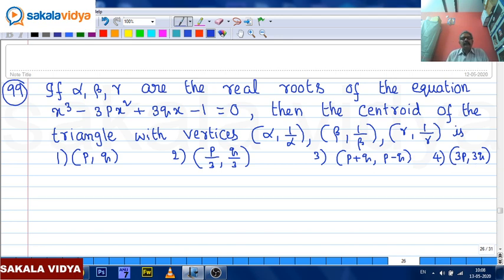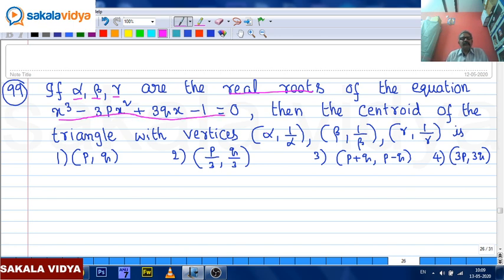Actually, this is a connection problem between theory of equations and coordinate geometry. Alpha, beta, gamma are the real roots of the equation.